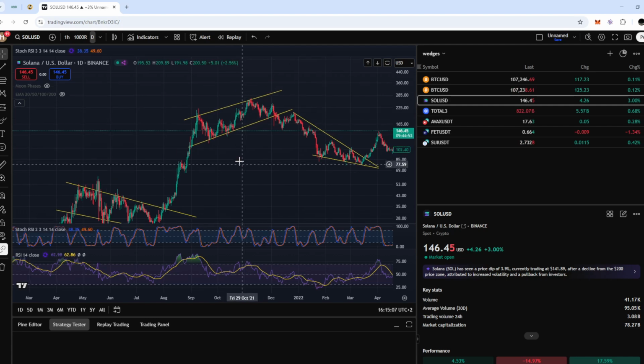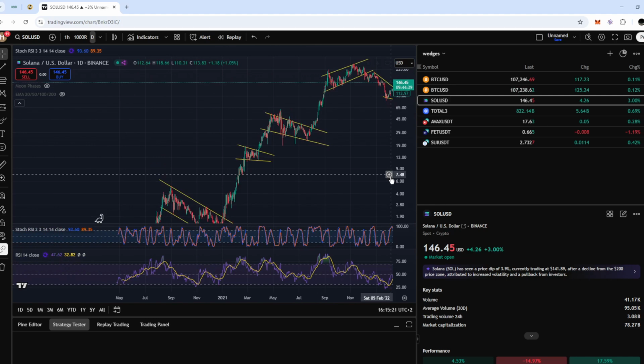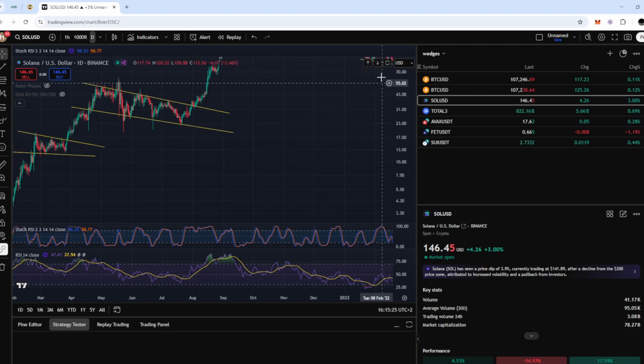So that's what happens. Here we had a bear flag starting to form, starting to lose some strength. And this was a good sign actually, because you saw these patterns here. These were all continuation patterns, and now you see a difference.